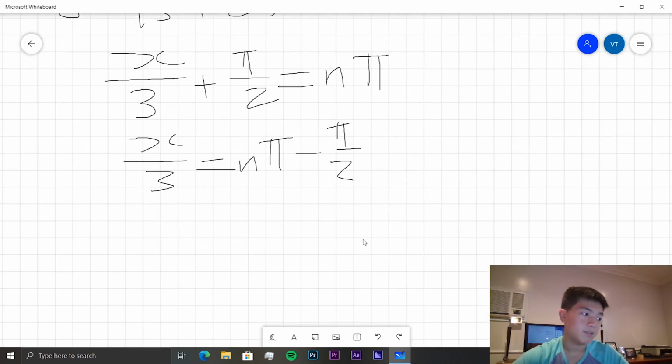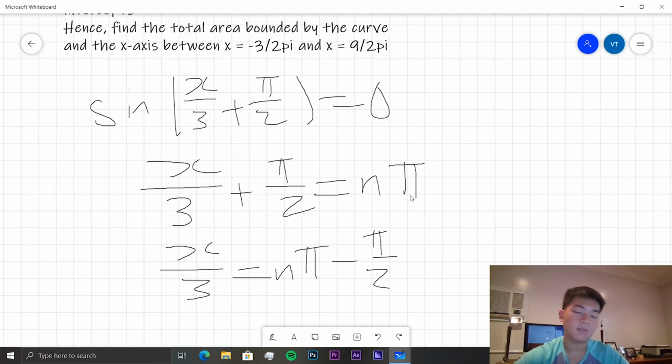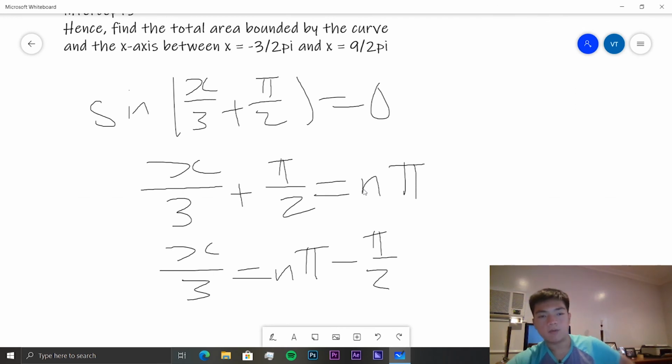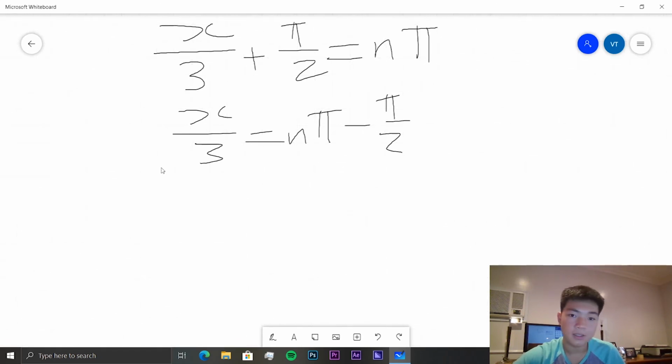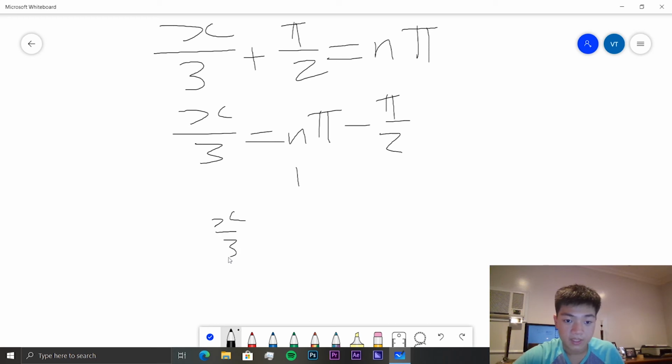And then we need to find the first two positive x-intercepts. So the x-intercept is when y equals 0. So this will be the first two positive x-intercepts. So we can simply substitute n equals 1 and n equals 2. So for n equals 1, we have x over 3 is equal to pi over 2.